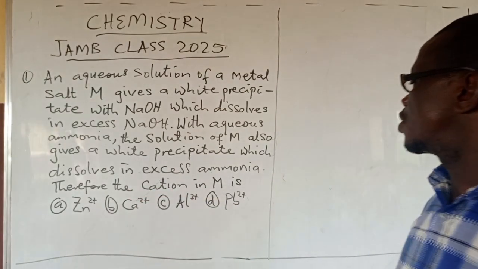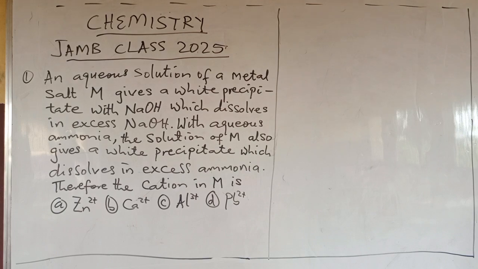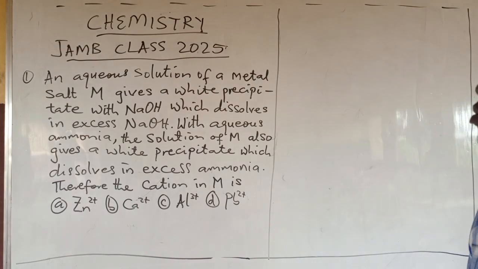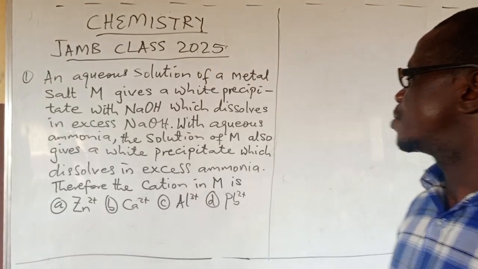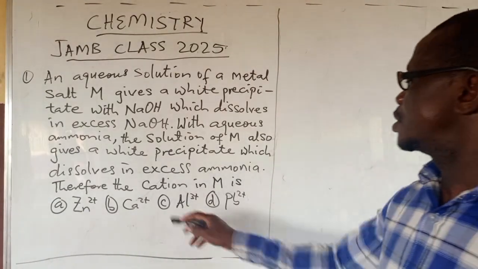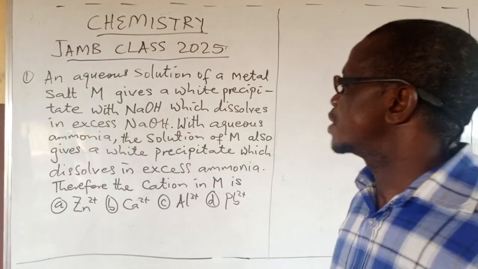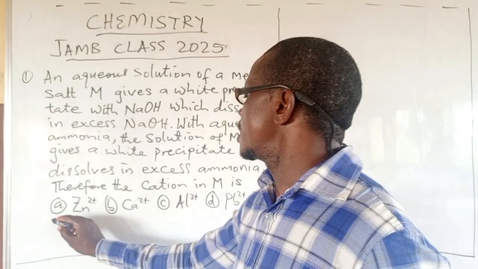Therefore, the cation in M is A. Zinc ion, B. Calcium ion, C. Aluminium ion, D. Lead 2 ion. The answer to this question is A.